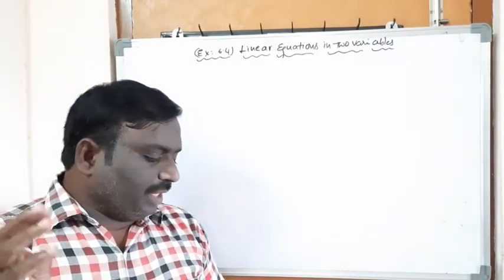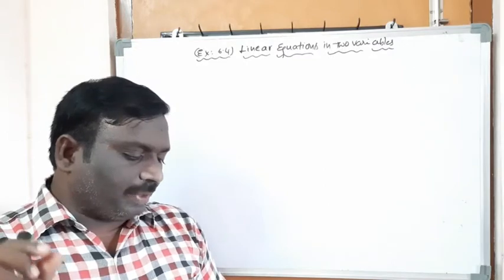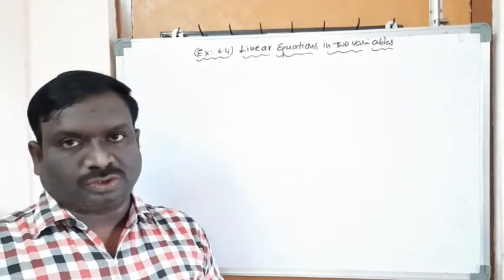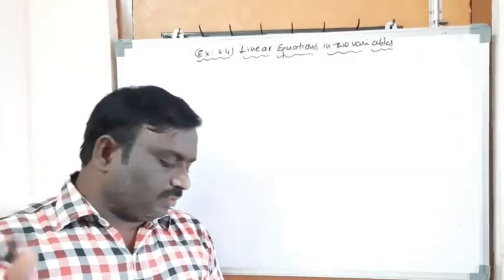So see there, in an election 60% of voters cast their votes. So total number of voters we don't know, they gave a hint.